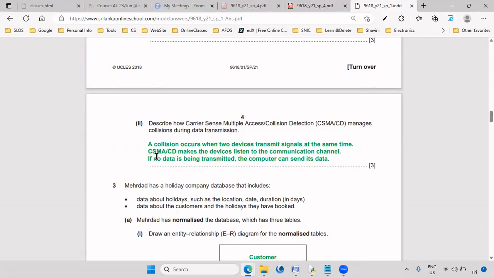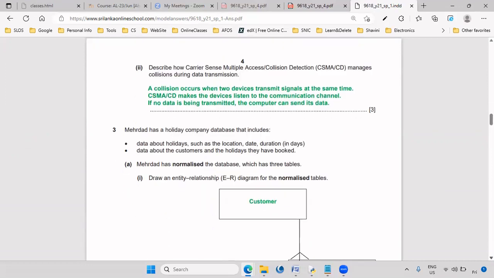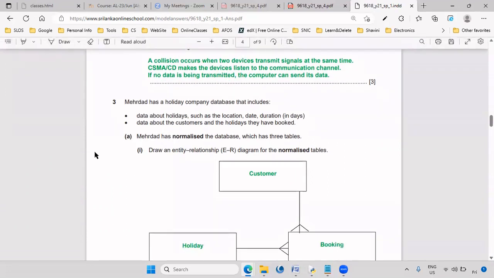If no data is being transmitted, the computer can send its data. So it listens to see whether there is any communication, that is, a difference in voltage. If there's a current coming, it will wait; if not, then it will send.